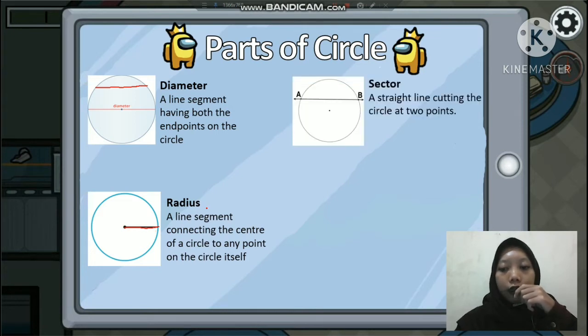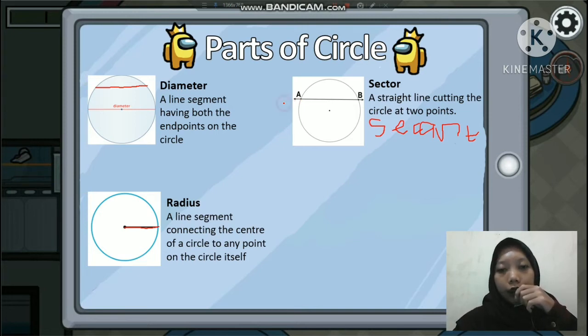Okay, the next is secant. Sorry, it's not sector, it's secant. Sorry, it's a typo in here. The difference between a secant and a segment: a secant is a straight line cutting the circle at two points.